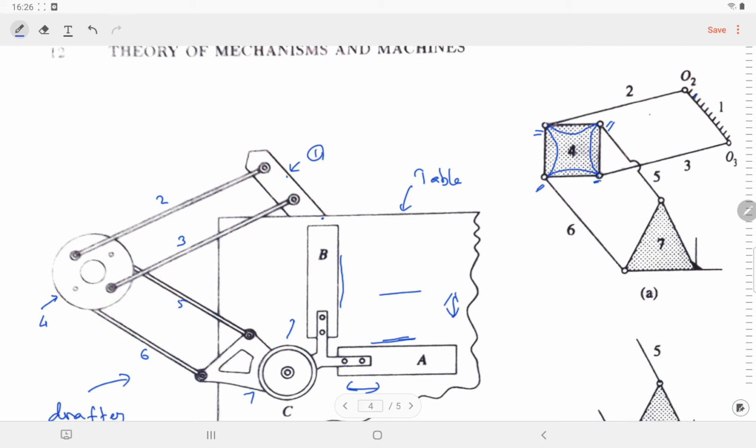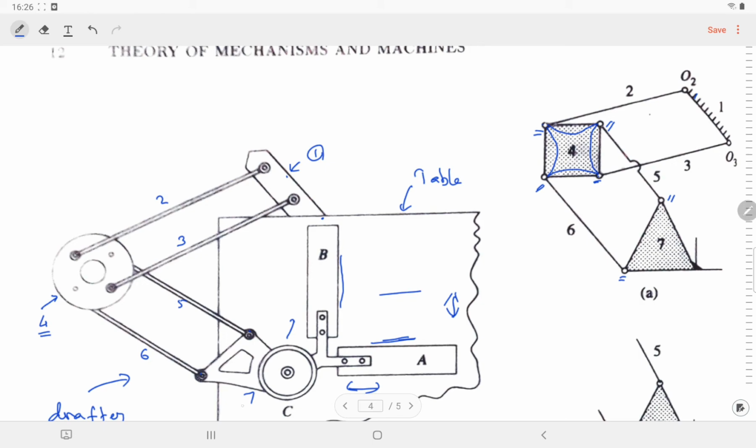And that link 7 is connected with link 6 and link 5 using revolute pair. That's what is given over here. Now if you see, all the links are binary link except link 4. Link 4 is quaternary link.